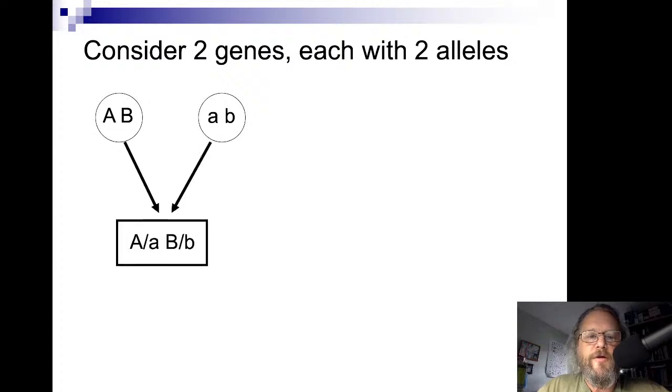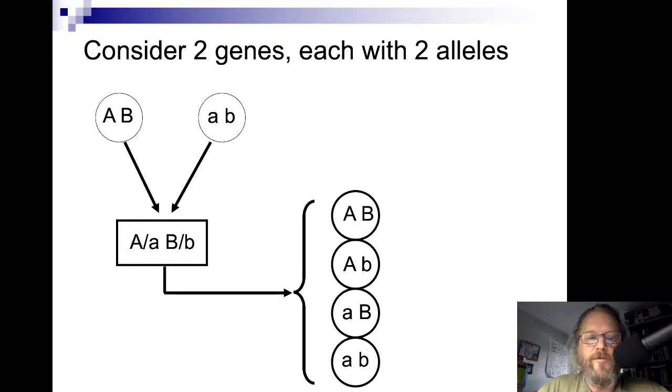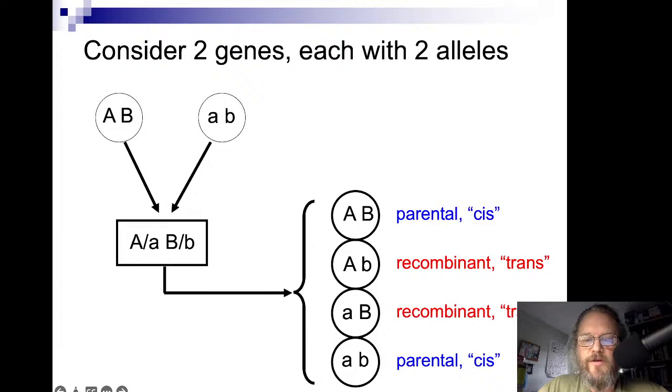Cross. What do you get? You get a heterozygote, correct? Okay, what are the possible gametes? And reminding you that two of these we saw before, the parental types, and two of these are new combinations, the recombinants.